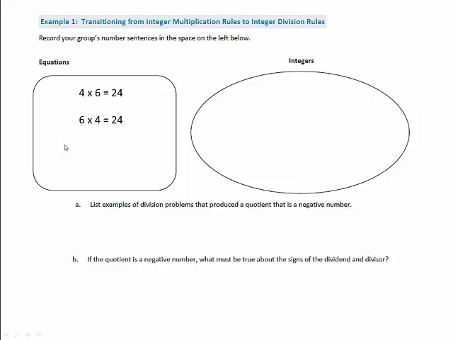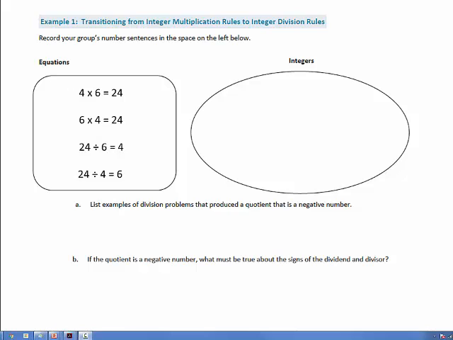I could also write a division problem that uses these three numbers. 24 divided by 6 equals 4, or 24 divided by 4 equals 6. All four of these equations are related. They use the same three numbers, 4, 6, and 24, just in different orders.